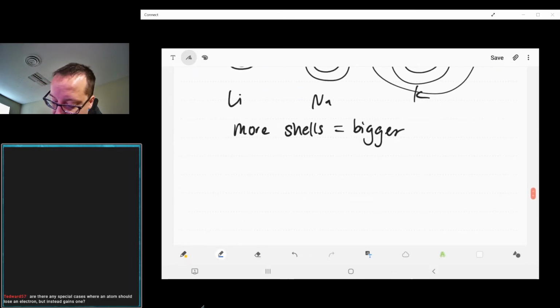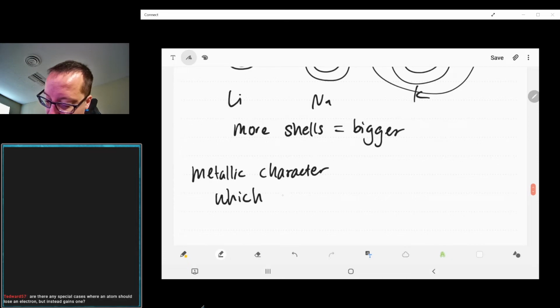Alrighty, let's look at another one. How about we look at metallic character? Which elements are more metallic?